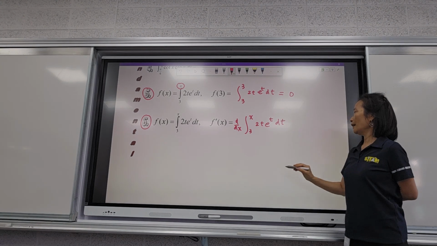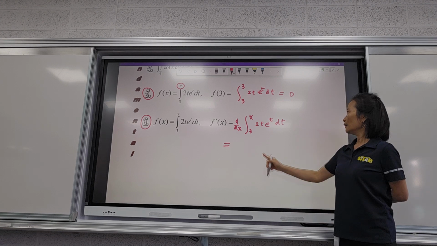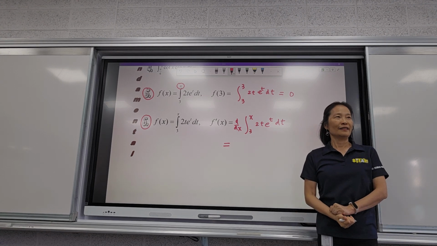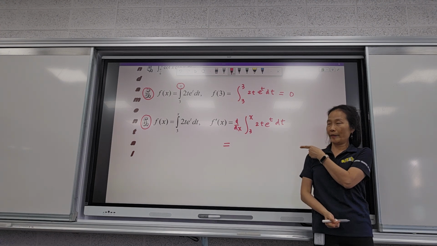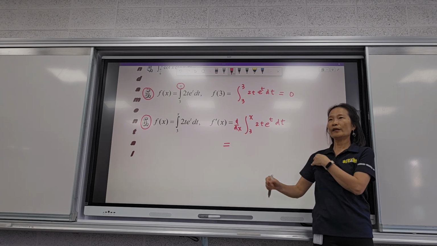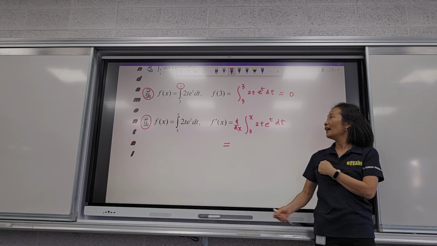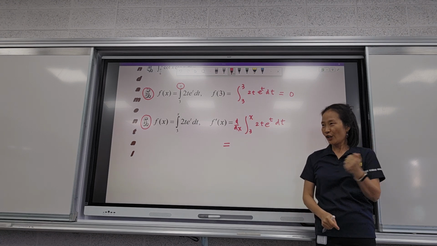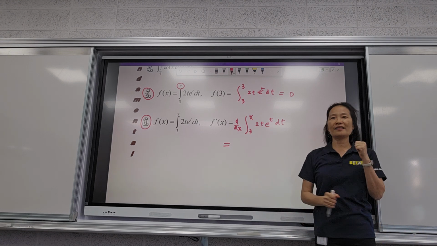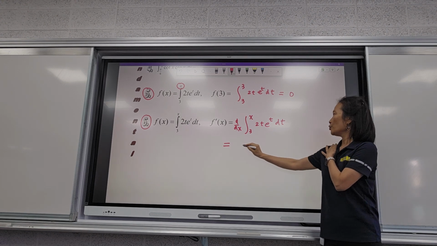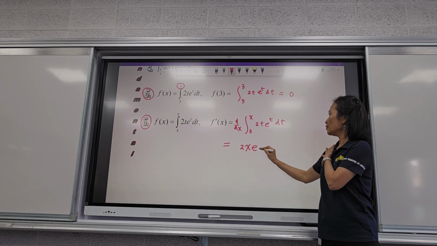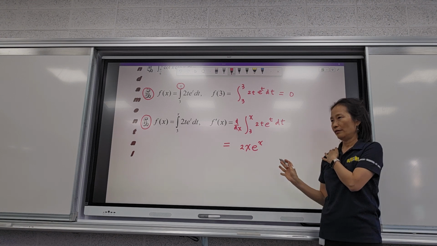Right? And then, look at that. 3 things have to happen before we apply the fundamental theorem of calculus. Derivative of integral, check. Variable match, check. Lower limit constant, check. So, what is the answer? 2x e to the power of x. Finished.